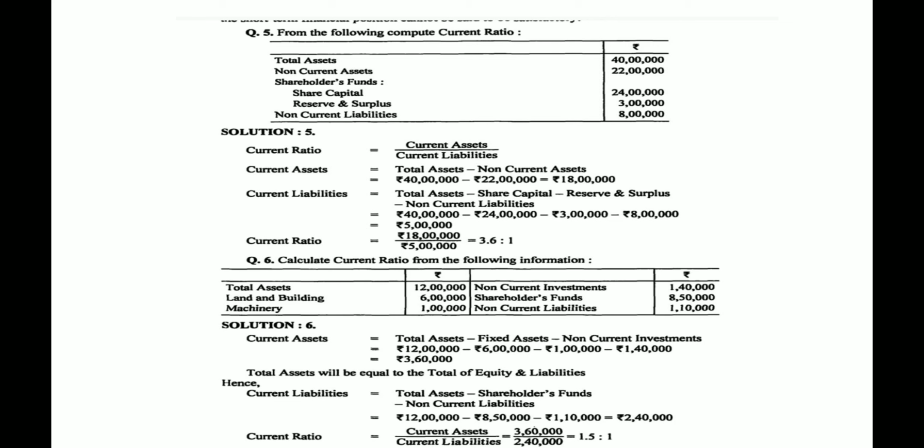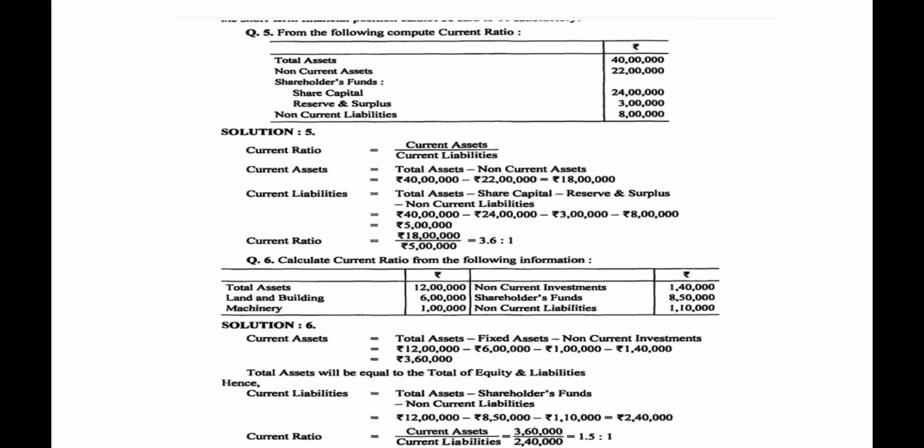And after that, current liabilities. Non-current liabilities are given. Shareholders' funds, share capital, reserves and surplus are given. You can find current liabilities easily: total assets less share capital, reserves and surplus and non-current liabilities. Then you can easily put them in the formula.